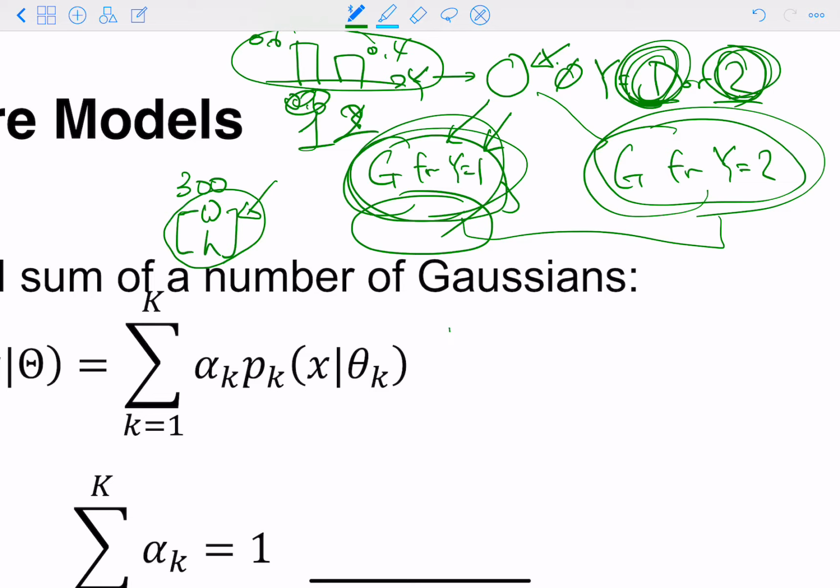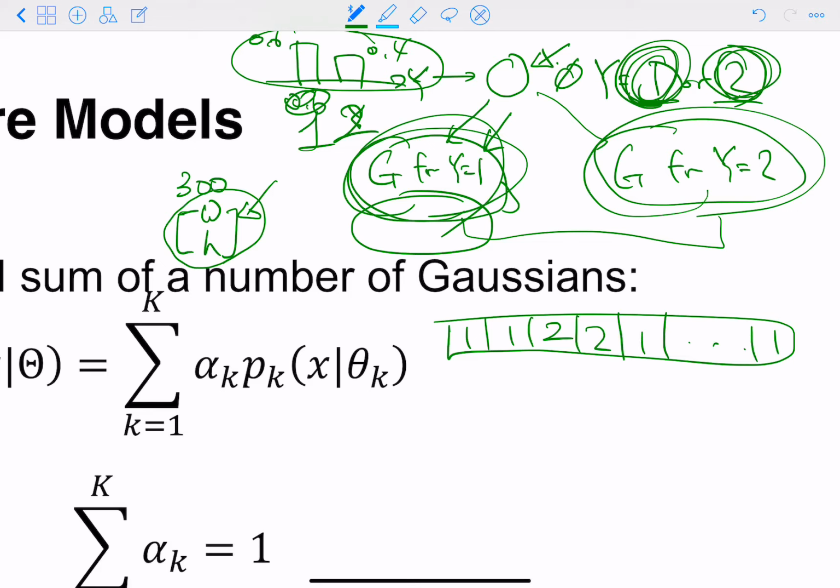For each of the 300 data items, the first one is 1, the second is 1, the third is 2, and so on. We do not know these values, so they are what we have to estimate, but according to our generation process, each data item corresponds to one of these Gaussian distributions.